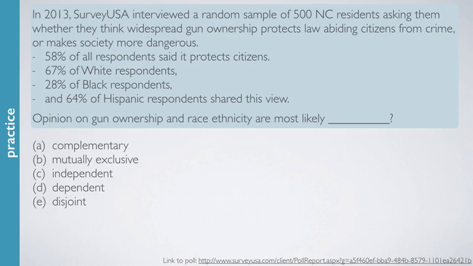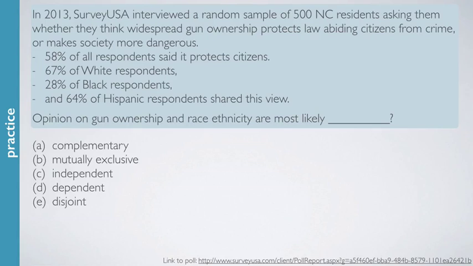Based on these, we want to fill in the blank in the following sentence. Opinion on gun ownership and race ethnicity are most likely which of the following? Complementary, mutually exclusive, independent, dependent, or disjoint. These should all be terms that you're familiar with by now.